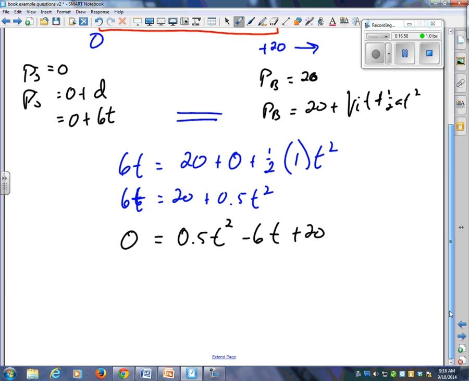Okay. You want to try factoring something? You can take a half out, you're right. Well, basically what you do is you divide everything by 0.5, right? What do you get over here? 0. So now I'm going to have t squared minus, no, divide by a half. Watch out.